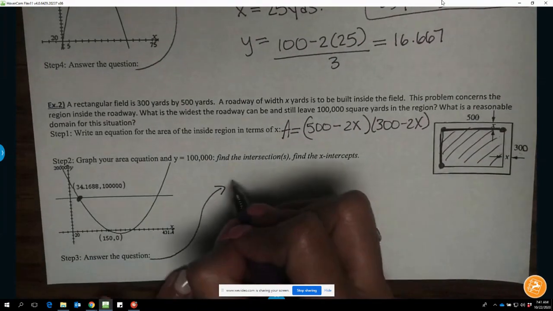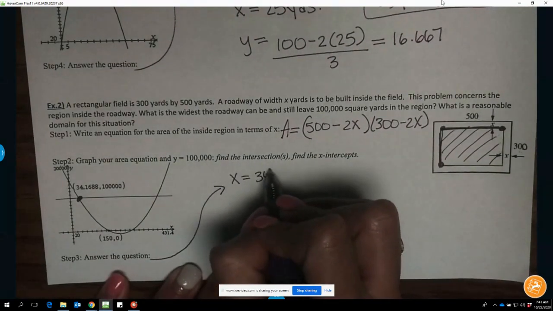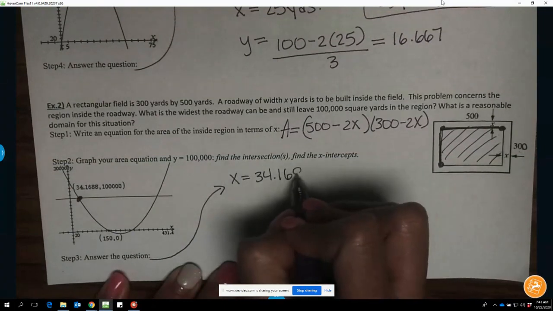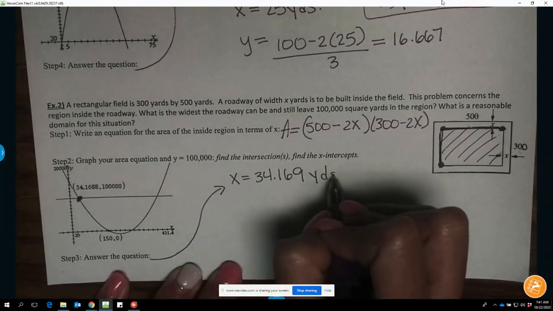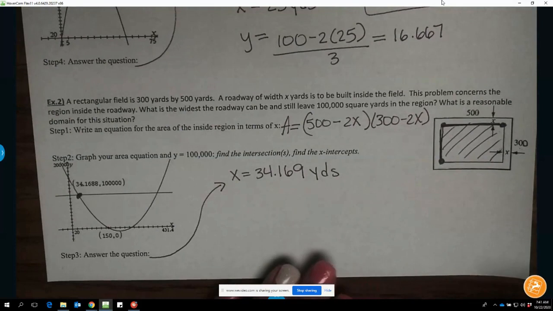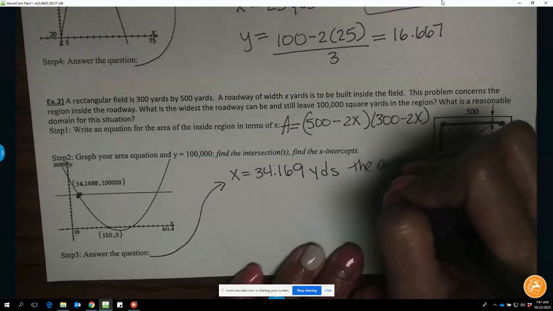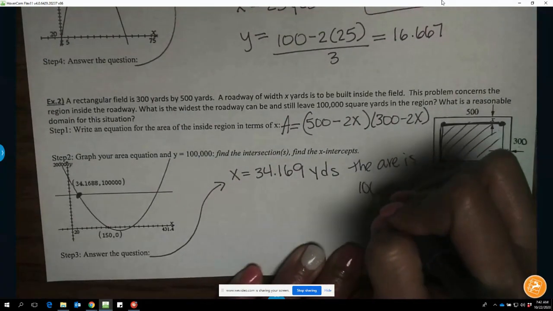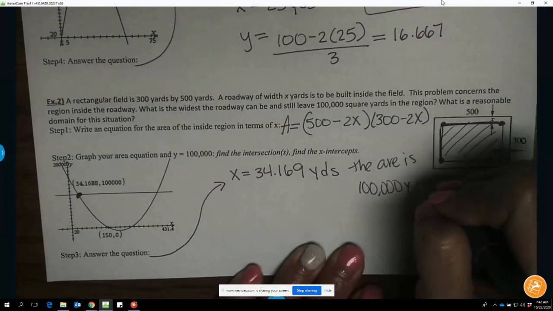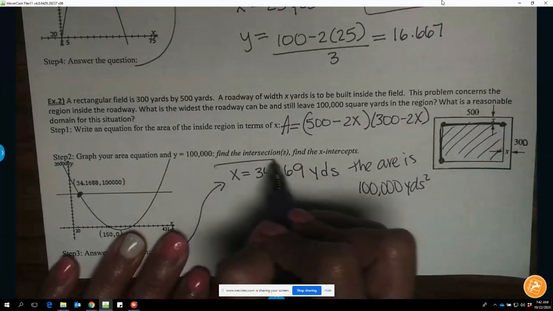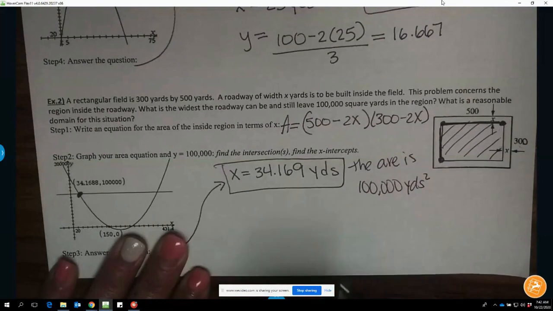So if x equals 34.169 yards, the area would be 100,000. The area is 100,000 yards squared. So that's my first answer for the first question. Make sure you put units.